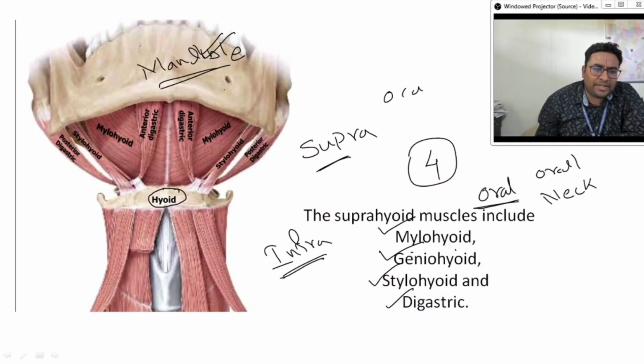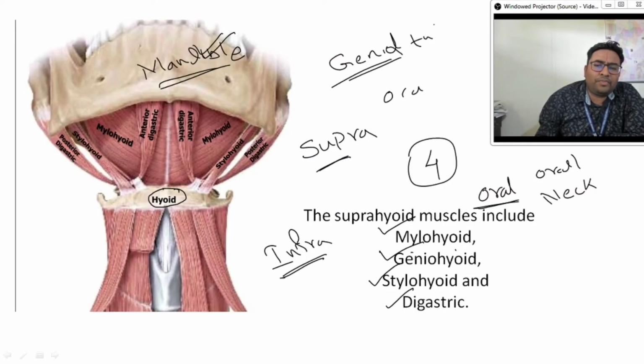Geniohyoid is present in this plane only. It is present beneath the mylohyoid, attached to a tubercle in the mandible known as the genial tubercle. To this tubercle, what is related is the geniohyoid muscle.